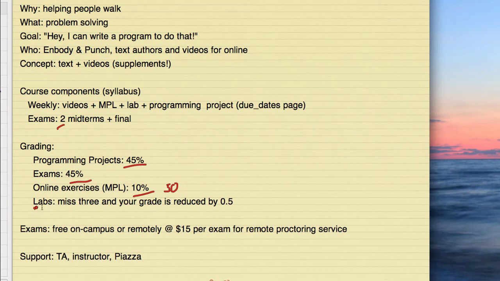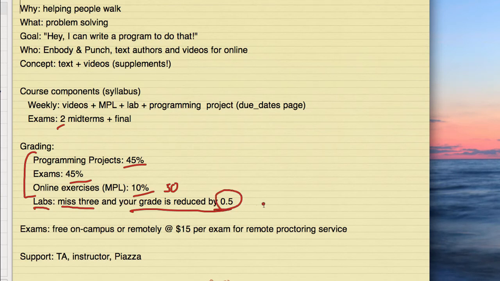Labs are really weird in how we do these. They don't count for any of the points directly, but you do have to do them. And the idea is that if you miss 3 of them, we're going to reduce your final grade by a half. And for every one you miss, it will be reduced by another half.